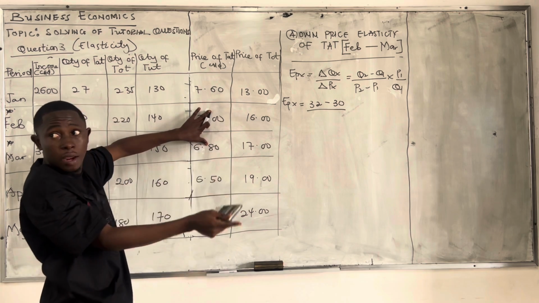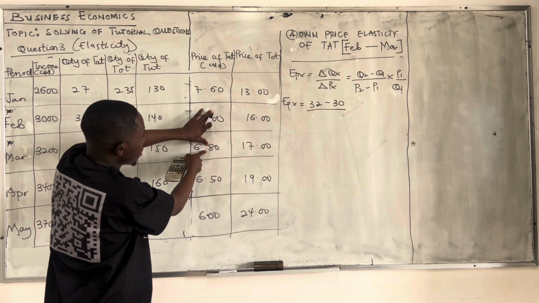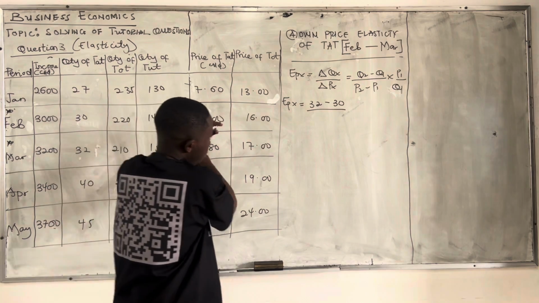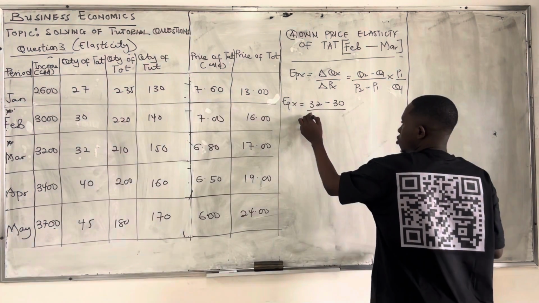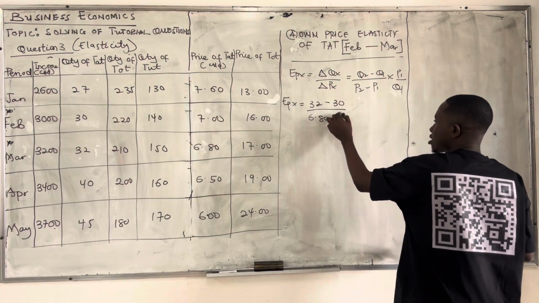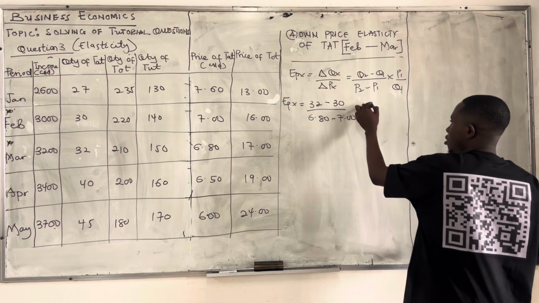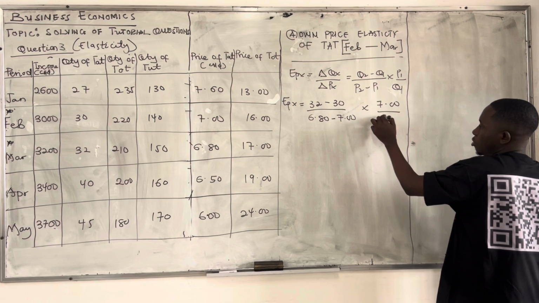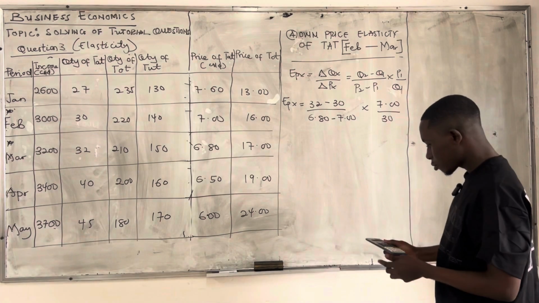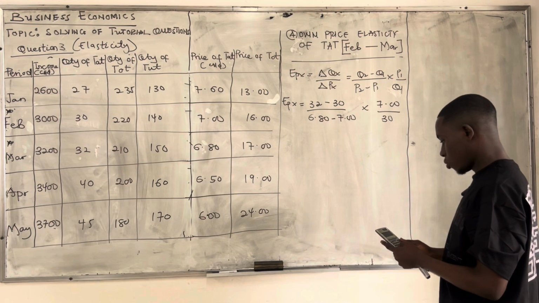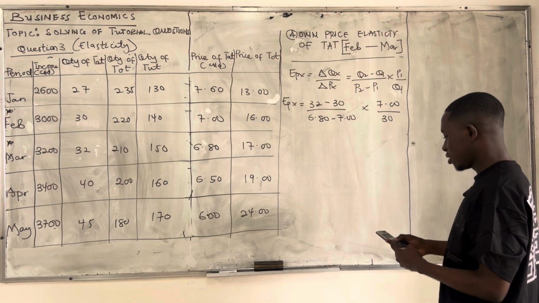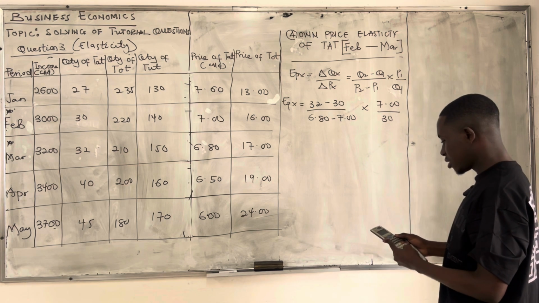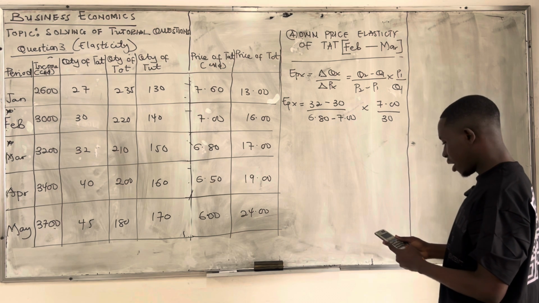So it will be 6.80 minus 7 cedis, times 7 cedis divided by 30. So 32 minus 30 divided by 6.80 minus 7.00, times 7.00 divided by 30.